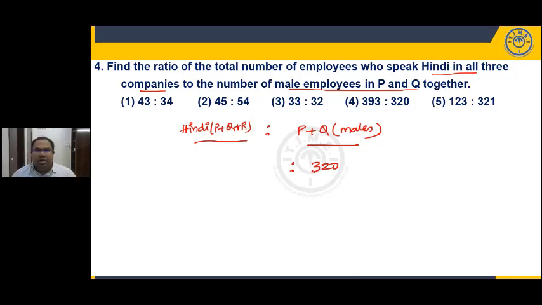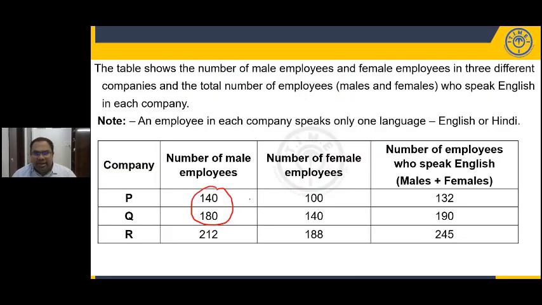How will you get Hindi? The total employees is 240. 240 minus 132, it is 108. If I subtract English, I'll get the Hindi people. Similarly, add this 320 now.